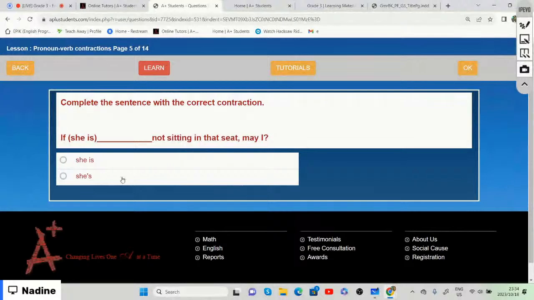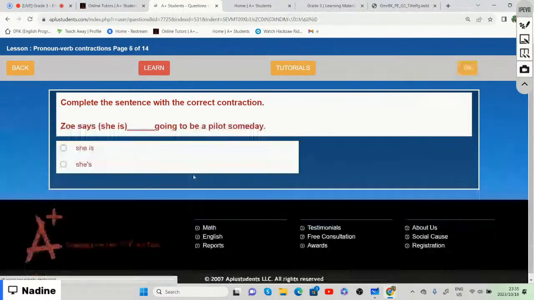All right. If we look at our options, they say if she is not sitting in that seat, may I. And then we are going to select the second one, which is she's, because it is the shortened form of those two words, which is she is. We said the pronoun she stays the same. Remove the I, we put the apostrophe and we just leave the S. So she's. Well done. She's is correct. Good job.